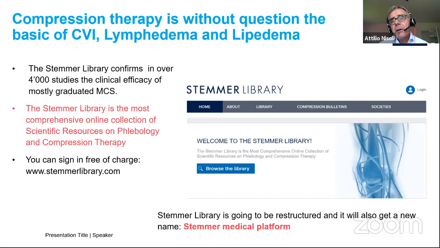There are prominent doctors such as Hugo Partsch, Eberhard Rabe, and Dr. Stemmer, but also Chris Lattimer and all these well-known doctors. They are participating and writing quite a few articles, and they are published in this STEMR library. So that's the STEMR library or STEMR Medical Platform.